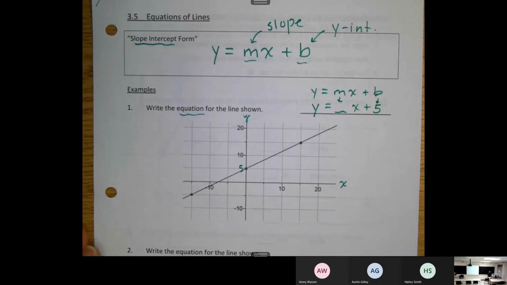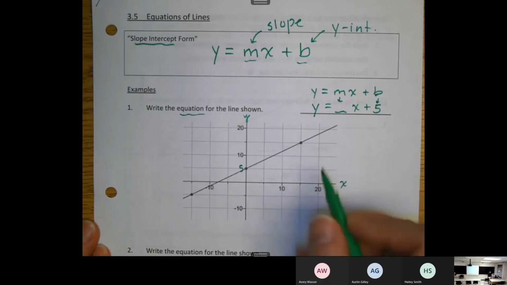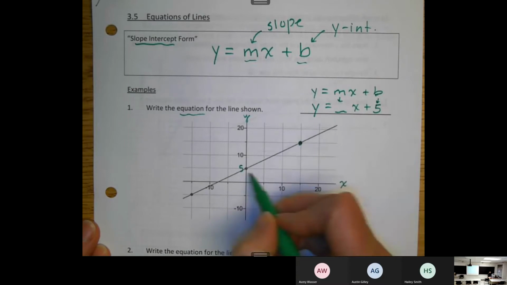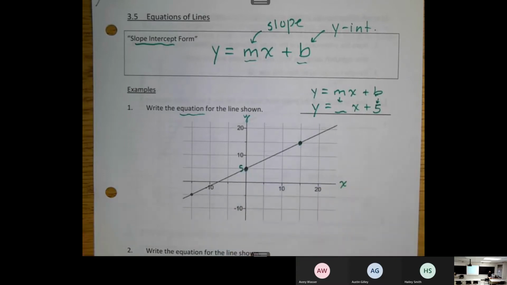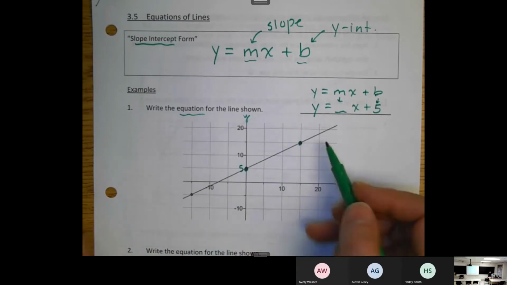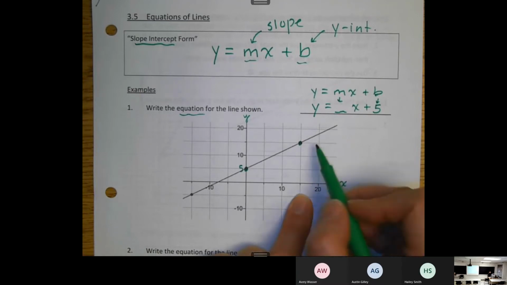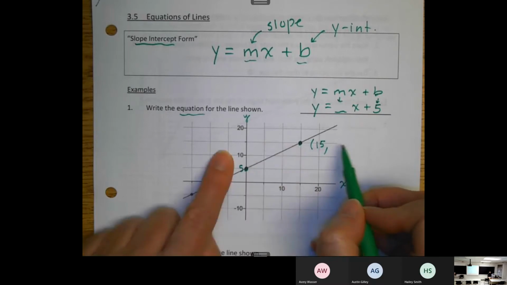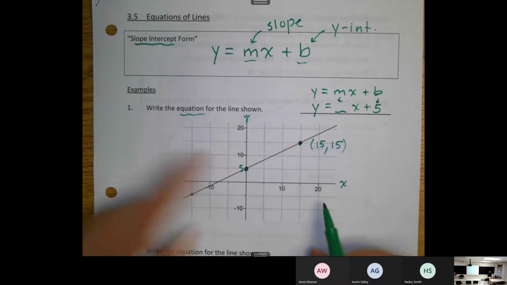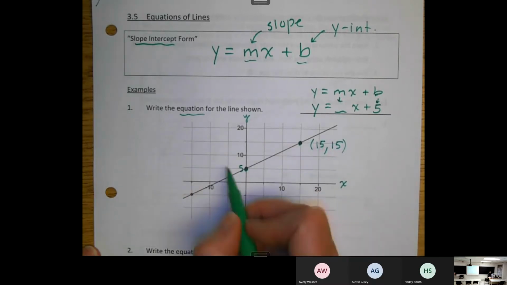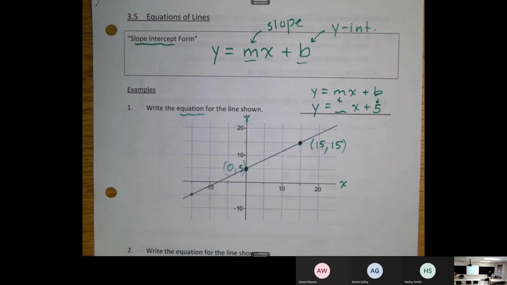So kind of like last time, we have a few different slope formulas to choose from. Maybe identifying 2 points and using the x's and y's would be your choice. That would be fine. Like this highest dot on the line here, it looks like it would have an x value of 15 and a y value of 15. And then we already saw that the y-intercept there is at 5 on the y-axis, so that'd be the point 0, 5.